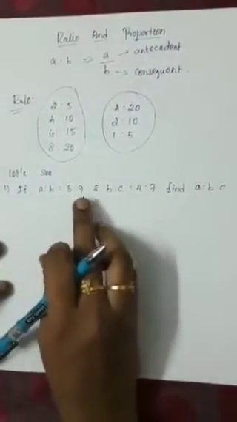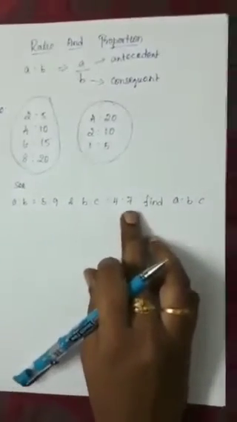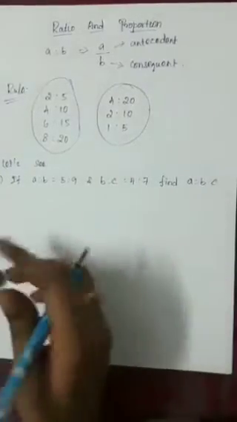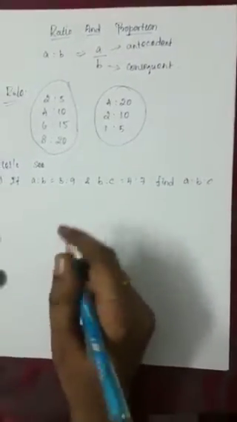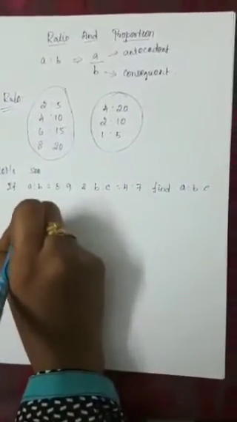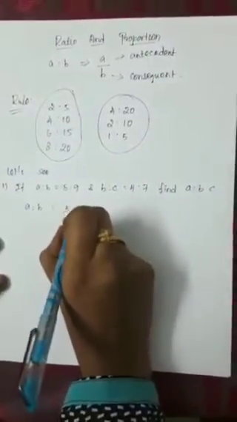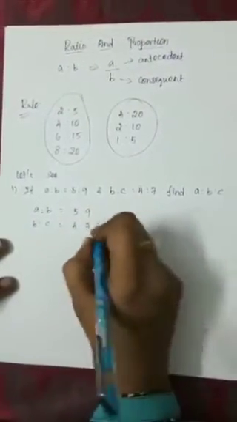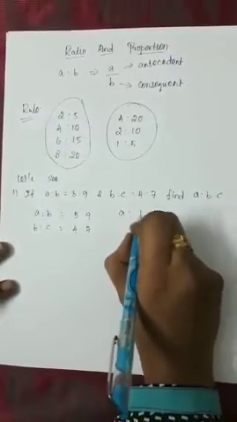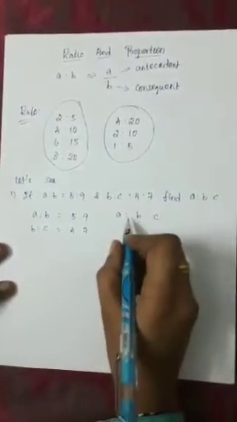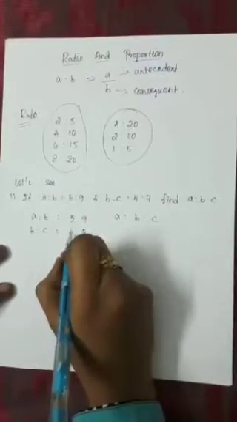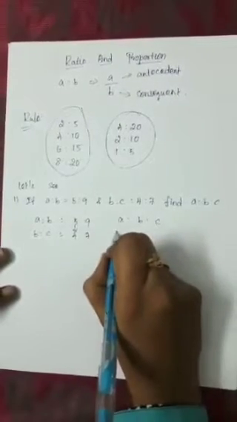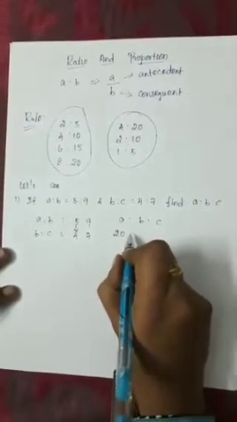Given A is to B is equal to 5:9 and B is to C is equal to 4:7. Find A is to B is to C. We can solve this problem in the easiest way. Just write the given values. A is to B is 5:9 and B is to C is 4:7, to find A is to B is to C. To find the value of A, multiply 5 into 4, that is 20.